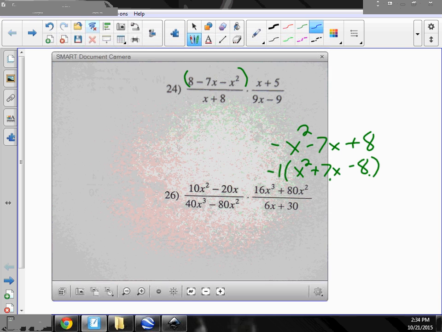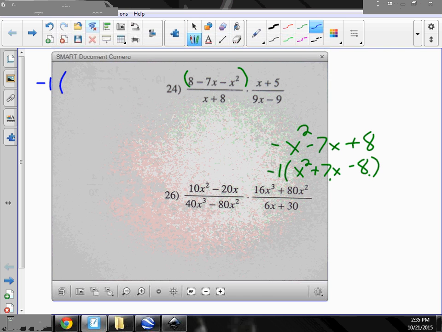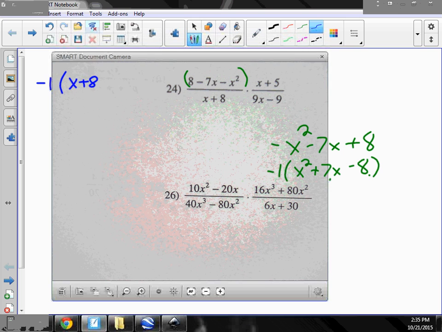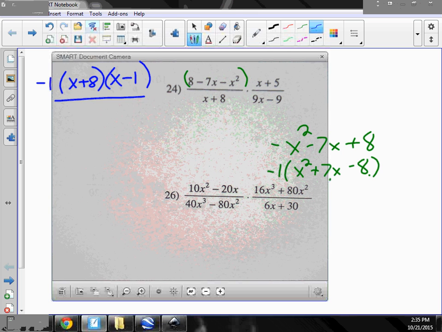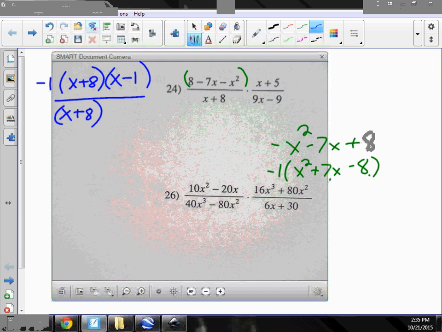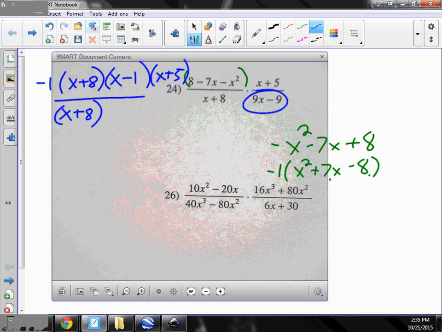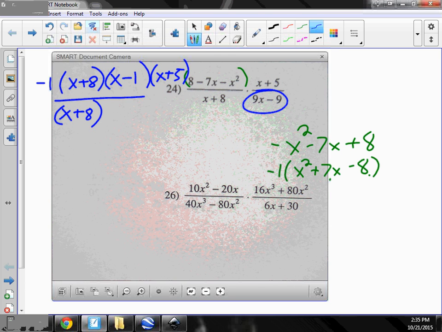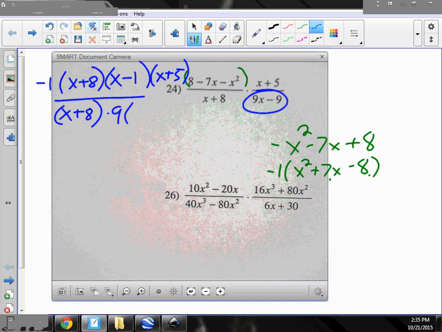So the numerator of this first fraction is negative 1 times x plus 8 times x minus 1. And then there's an x plus 8 in the bottom. And on the other side, I have an x plus 5. And does this factor? Pull out a 9, and I'm left with x minus 1.